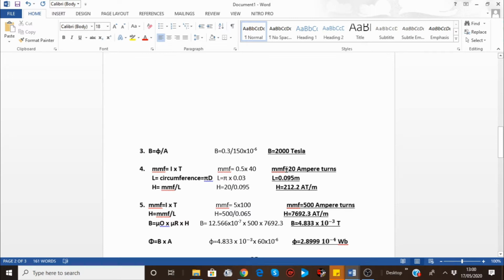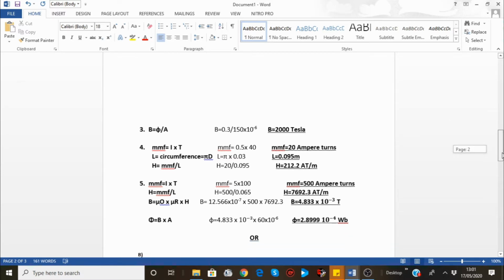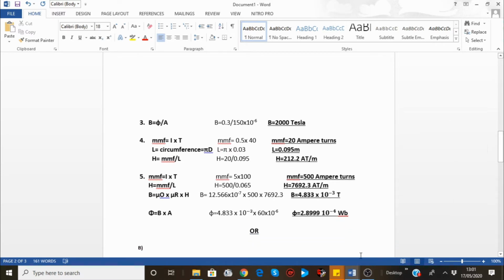And we already have the MMF. We found it here, 20. And so 20 over L, we found here 0.095. Calculate that. H is 212.2 ampere turns per meter, and that's as simple as that.